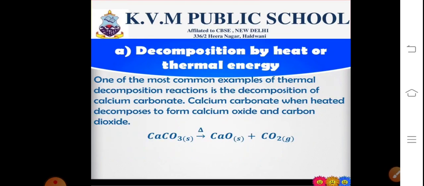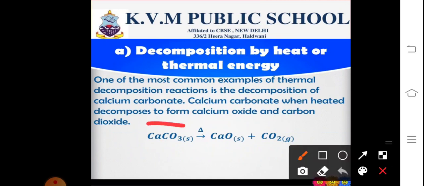Firstly, we'll talk about decomposition by heat or thermal energy. The most common example of thermal decomposition is that of calcium carbonate, which is referred to as limestone. When it is heated, heat can be shown with a triangular symbol, it decomposes to produce calcium oxide, what is referred to as quicklime, and the gas which is released is carbon dioxide, shown with an upward arrow.